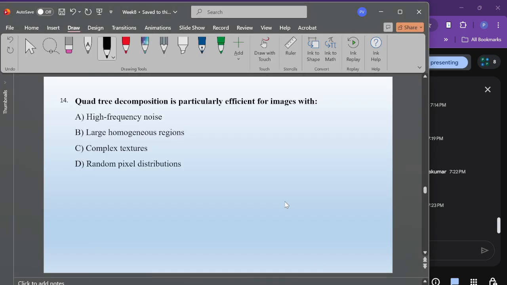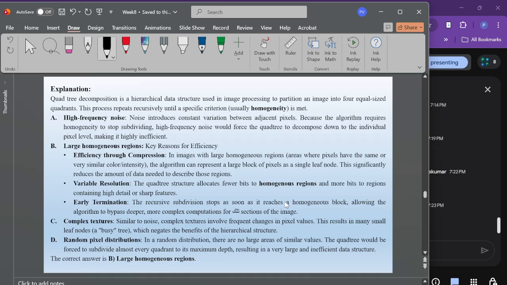Okay, so let's see. As we know, quad tree decomposition is a hierarchical data structure used in image processing to partition an image into four equal-sized quadrants. This process is repeated recursively until a specific criterion, usually homogeneity, is met.